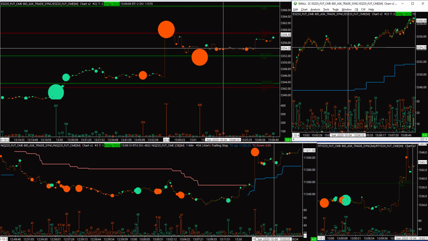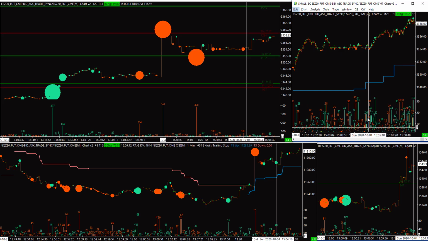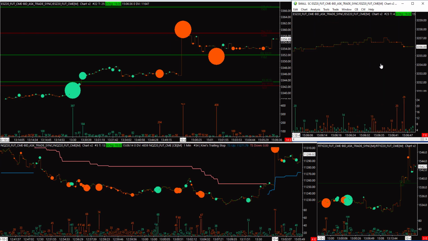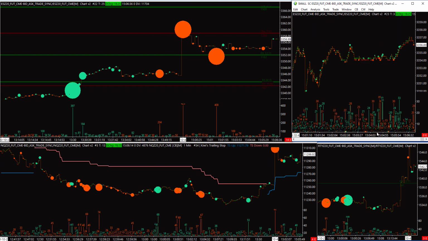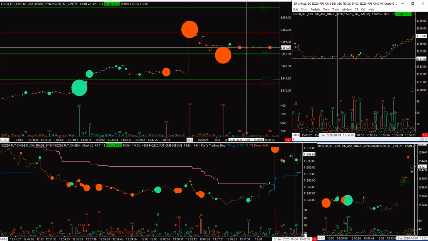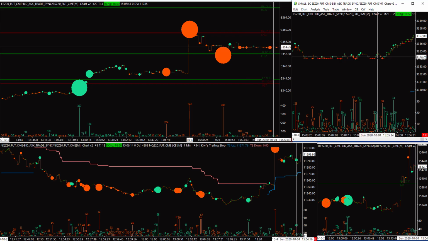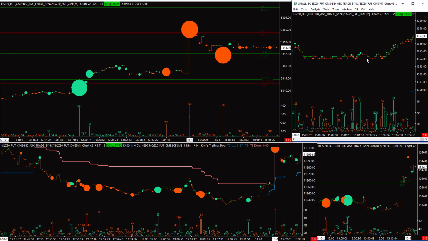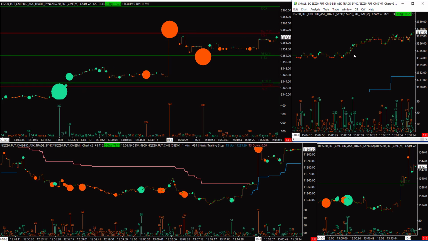They tried again. You can see the iceberg order right here. They tried, and then they just ran out of bullets, and then price went up, which is what happens.